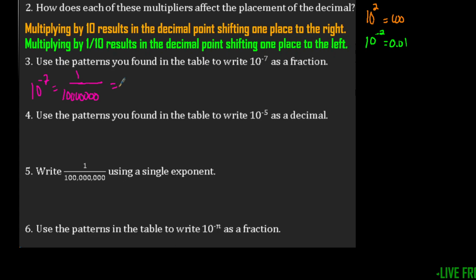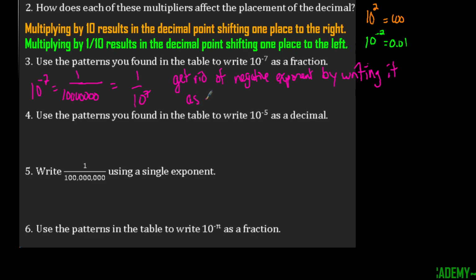And I could say this is equal to 1 over 10 to the power 7. So again, notice how if I have the negative exponent, I can get rid of it by writing it as a fraction. So get rid of negative exponent by writing it as a fraction.